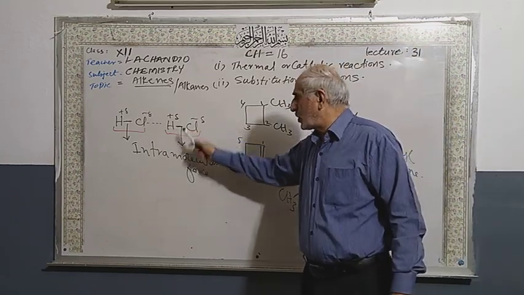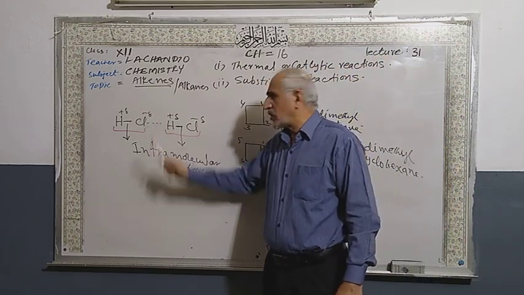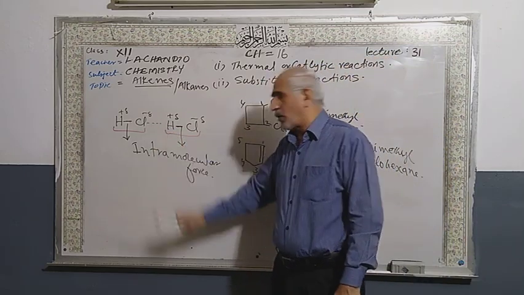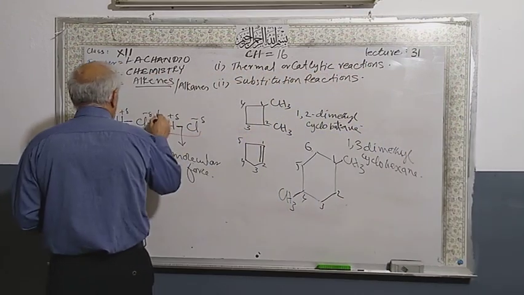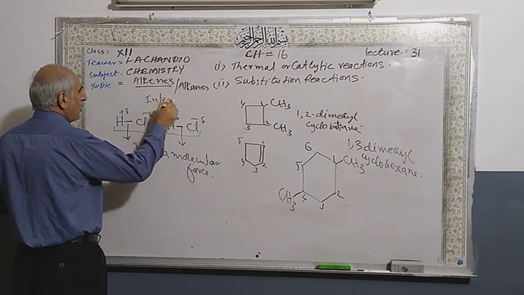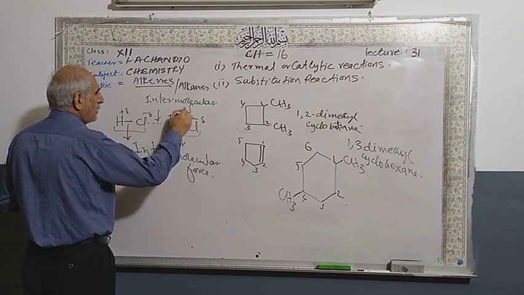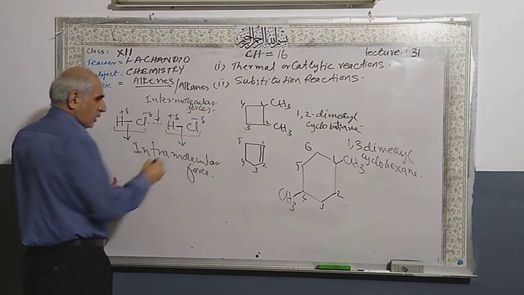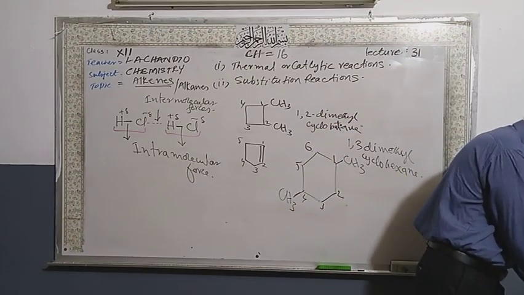These forces are due to the sharing of electrons. There is no sharing of electrons between this chlorine and this hydrogen. This type of bond is called intermolecular forces.